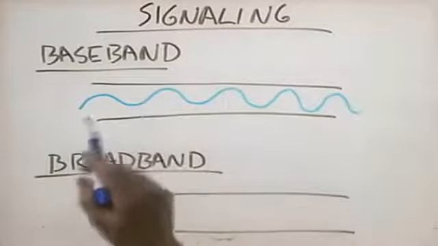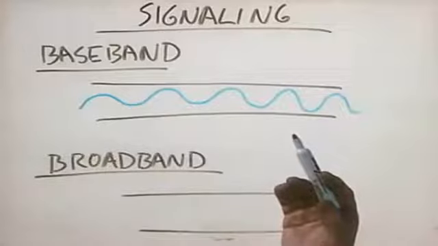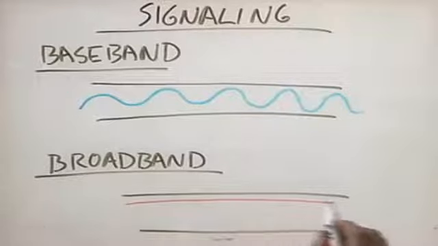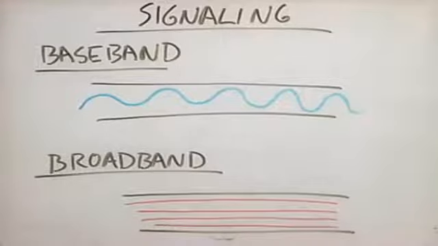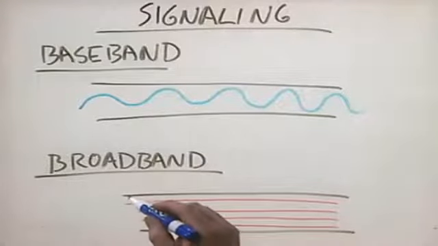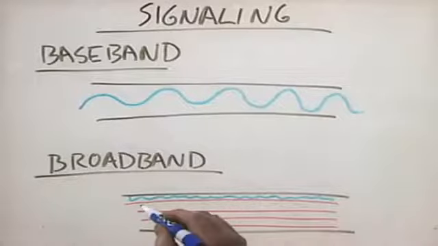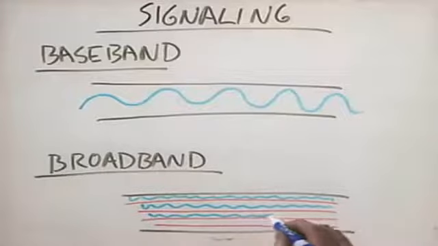And that signal uses the entire network medium all at the same time. Broadband signaling, on the other hand, divides the network medium into multiple channels. With broadband signaling, you can have multiple signals all being transmitted on the same network medium at exactly the same time.